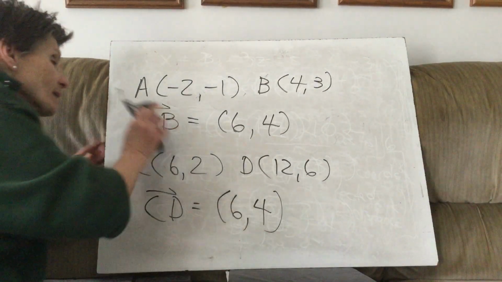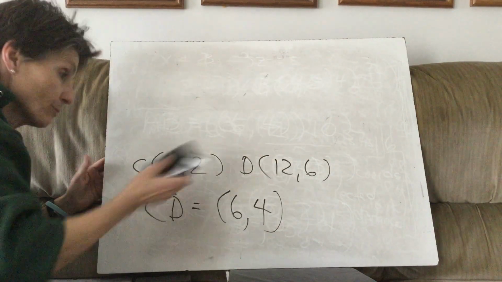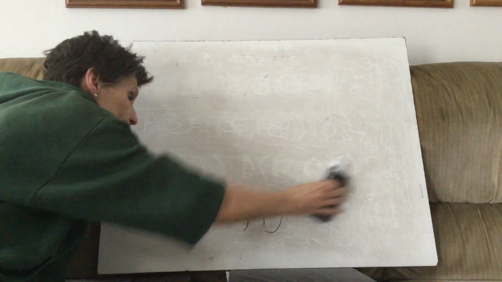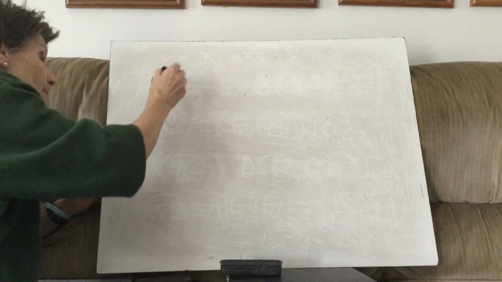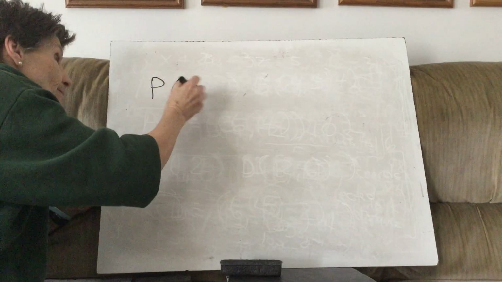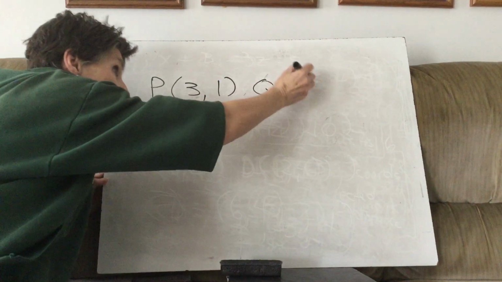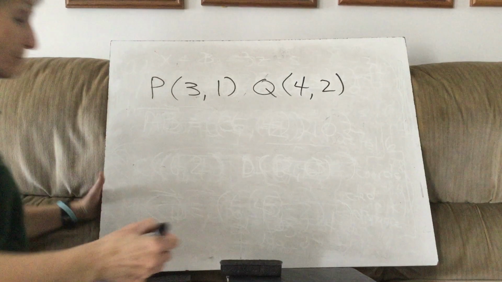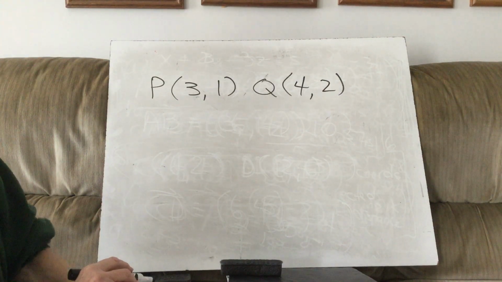Awesome. Now, the next section, problem 3, introduces a new idea. But it also has an old idea. So let's start with the old idea first. We got 2 points, P, Q. And it says find the components.